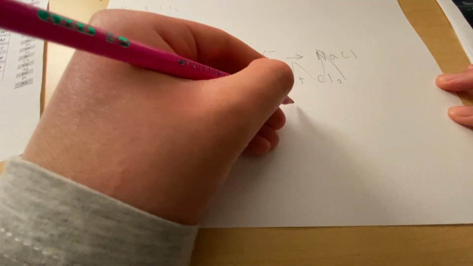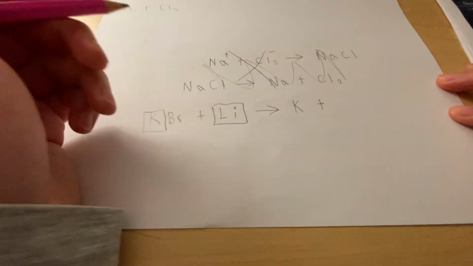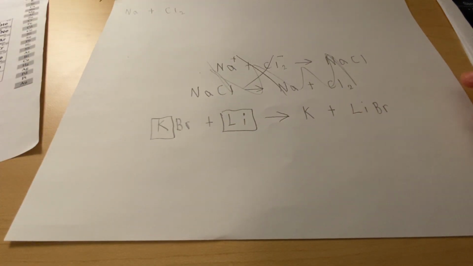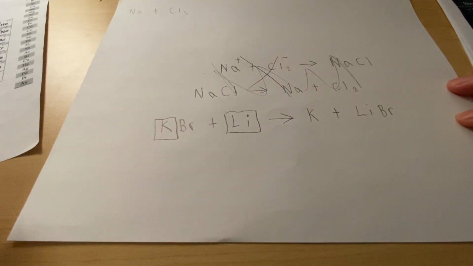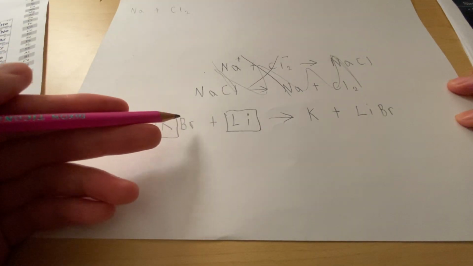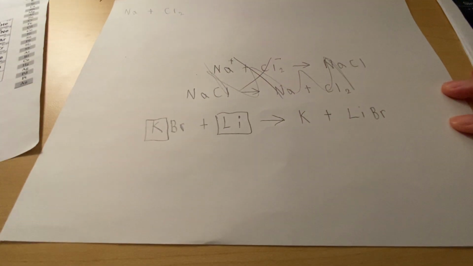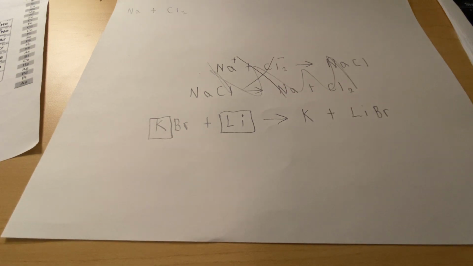So the equation is going to change to potassium plus lithium bromide. And as you can see, it appears that one particle moved out of one compound and into the other. Bromine moved out of this compound into this compound. But we know why, because lithium is more reactive than potassium. So that's when you have two cations fighting for one anion.